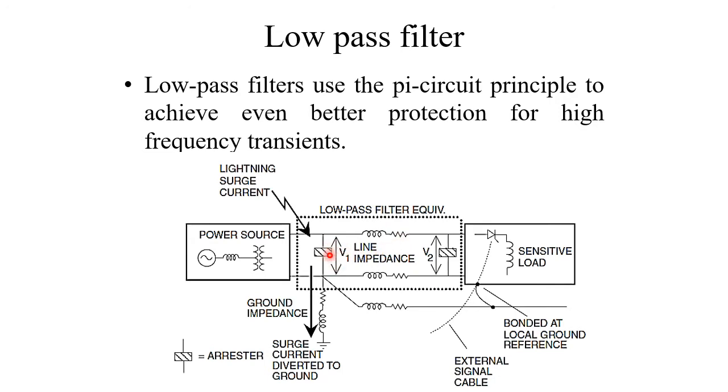V1, the first surge diverter, is connected between line and ground to divert the high current and voltage, and this is on the line side, that is the generation side. The next surge diverter is at the load side, connected between line and neutral. These two provide a good filtering action so that surges won't reach the load.